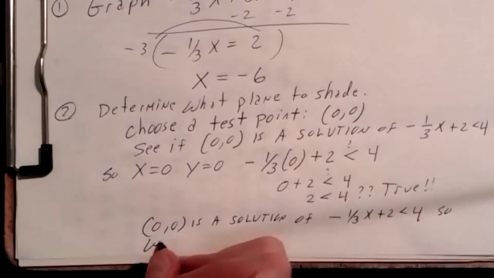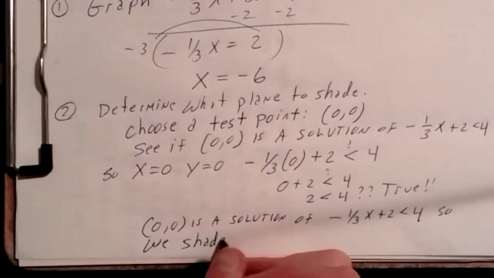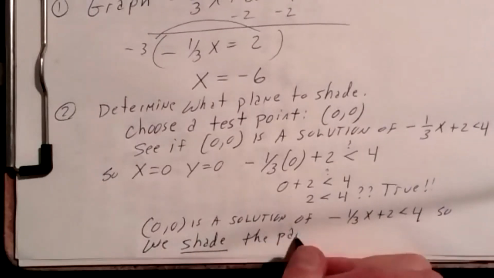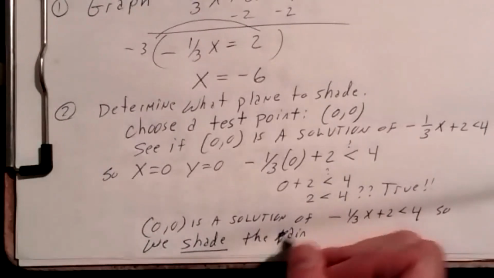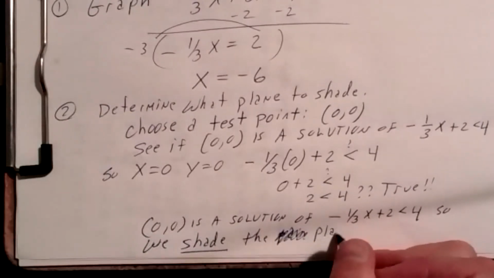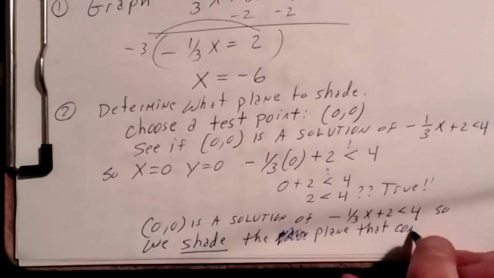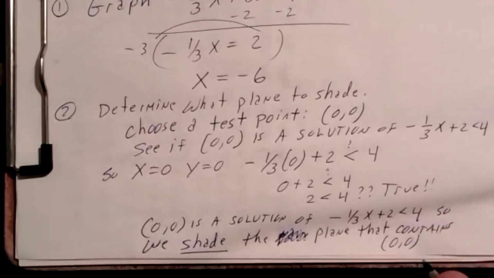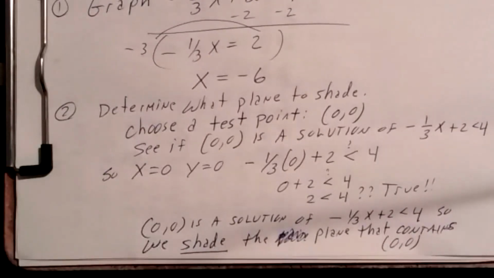So we therefore shade the plane that contains 0, 0. If we discovered 0, 0 is not a solution to this inequality, we would shade the plane that does not contain 0, 0.